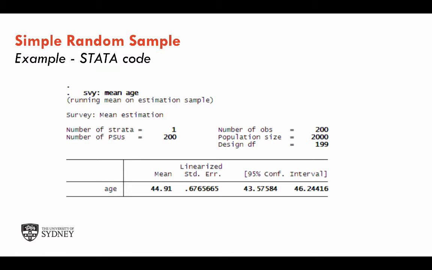Notice that because this is a simple random sample, if we don't use the sampling scheme, you should get a very similar result. The only difference is in the standard error, which is going to be slightly different because we are using a finite population correction. If you only use the command mean, Stata is not going to use finite population correction, so it's going to use the usual formula for the standard error.